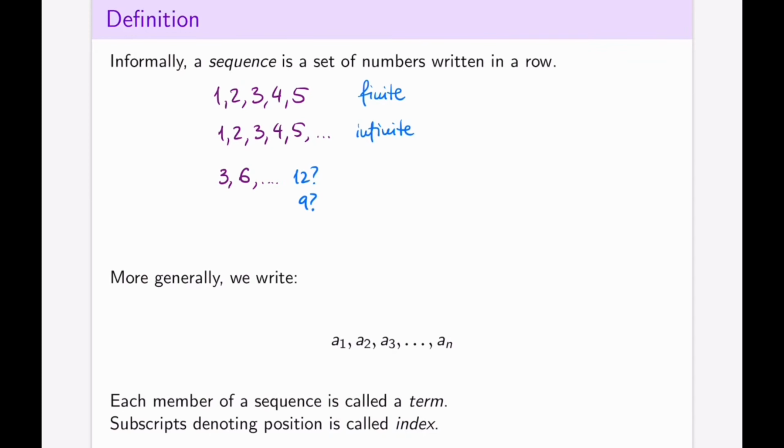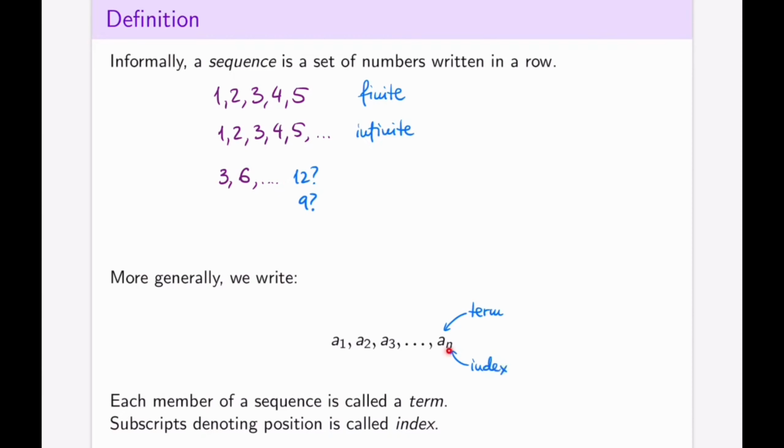Now, the sequences that we're going to work with, a lot of them will have specific numbers, but some of them will be defined in more generality. A1, A2, A3, and so on. These are called terms. Every number in the sequence is called a term. So more generally, if I label them with variables, each one of these will be called a term. So let's label that. This whole thing is a term. And the subscript on it is called an index.